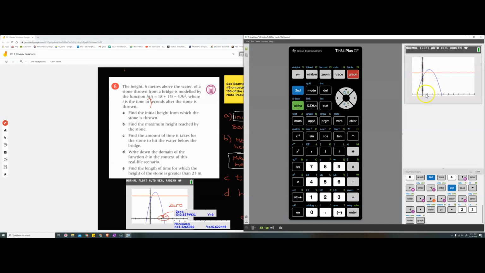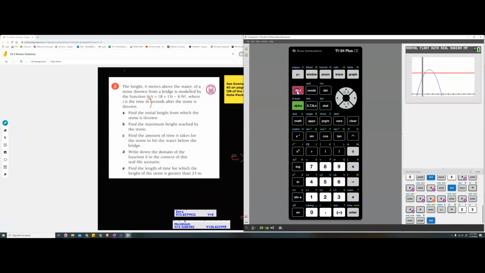That's going to be the time that it starts to be over 23 meters. And then what's the x value of this second intersection? Between those two x values, or t values, is the time that it is greater than 23. And since it says the length of time, we're going to subtract those two.